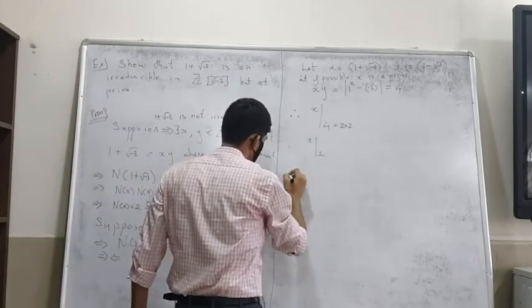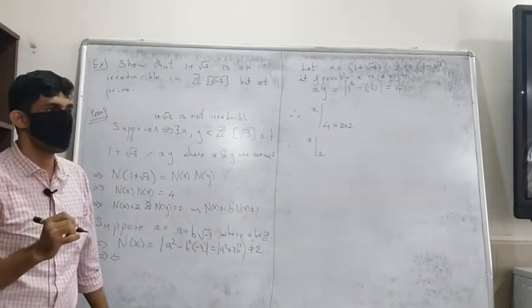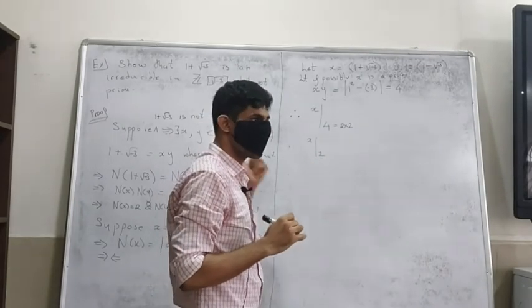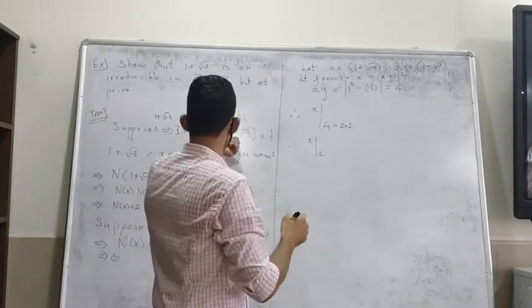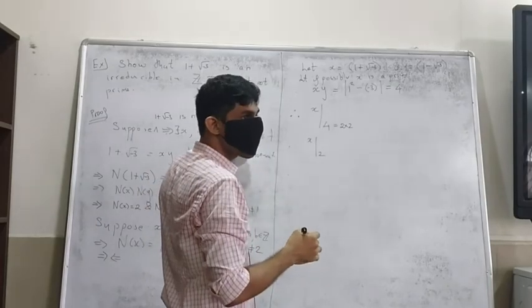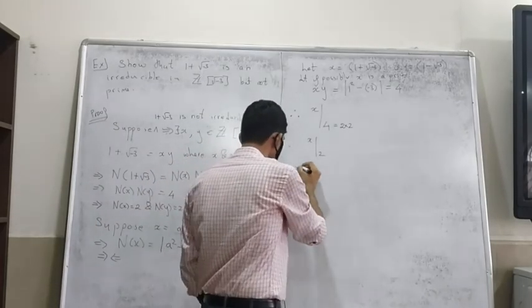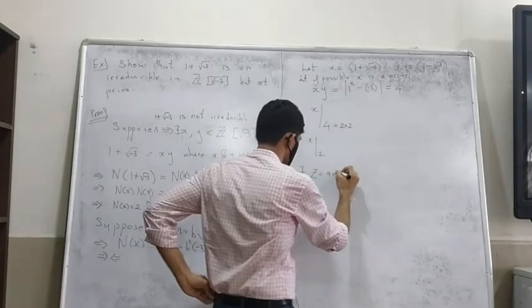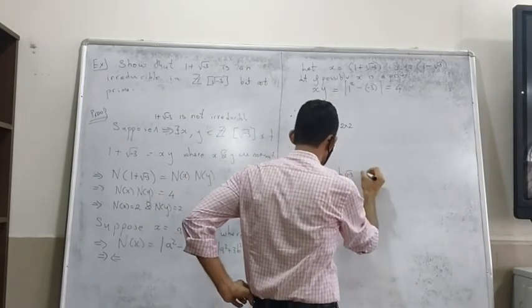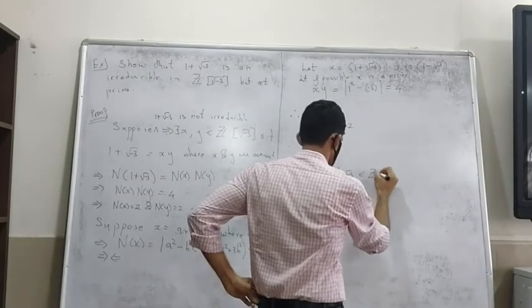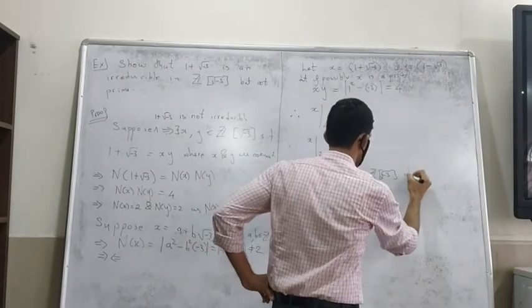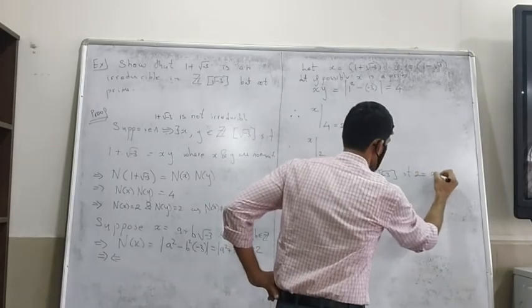But what does this mean? x divides 2 means what? There is some element z in this ring. This would mean that there exists some z equals a plus b root minus 3, such that 2 can be written as x times z.